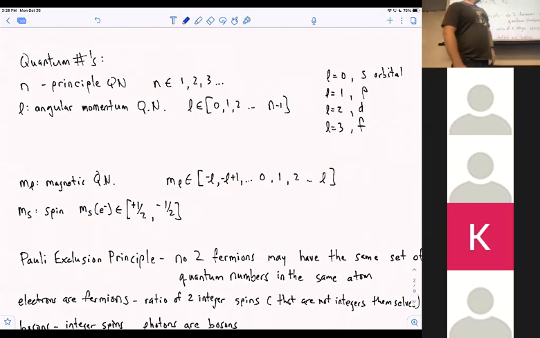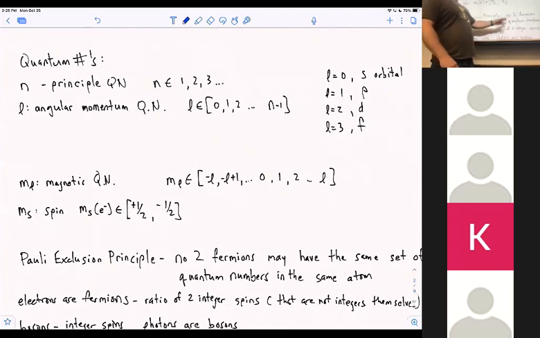For an s orbital, m sub L can only be 0. So if n equals 1, L can only be 0, then m sub L has to be 0. If n is 2, L can be 0 or 1, n minus 1, so 2 minus 1 is 1.